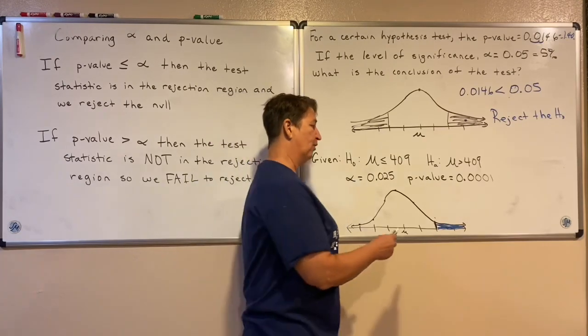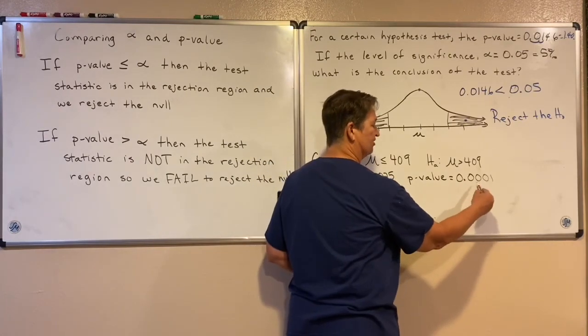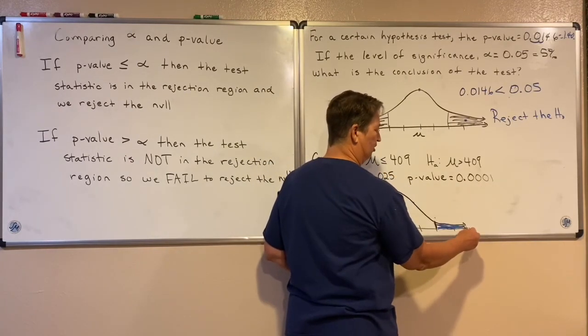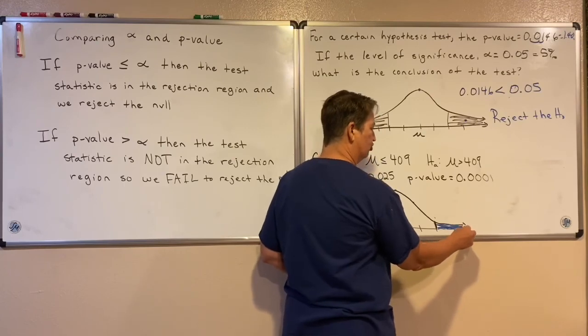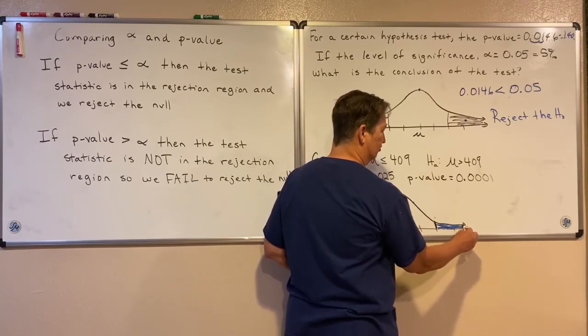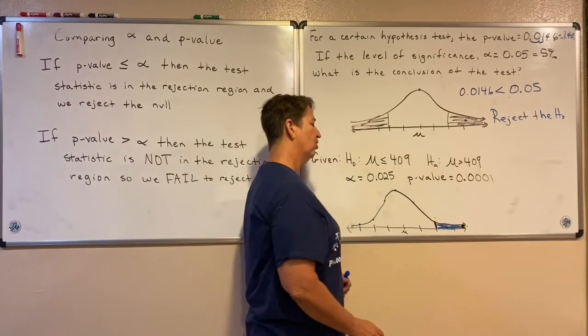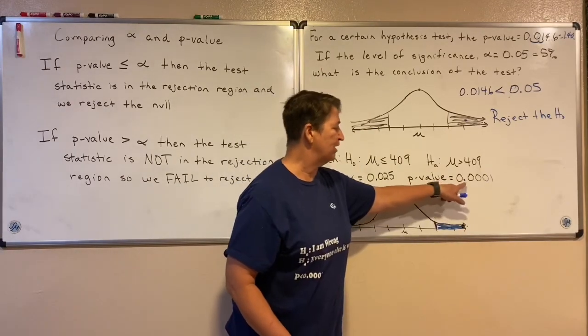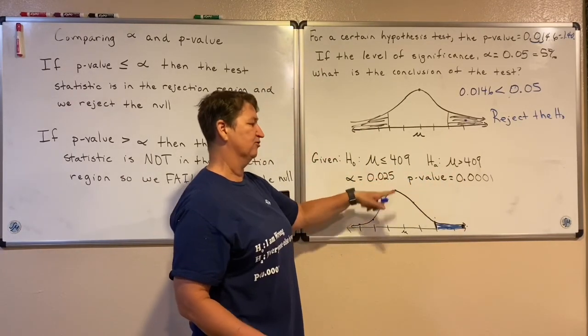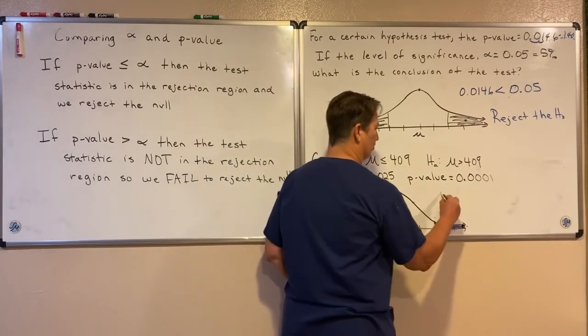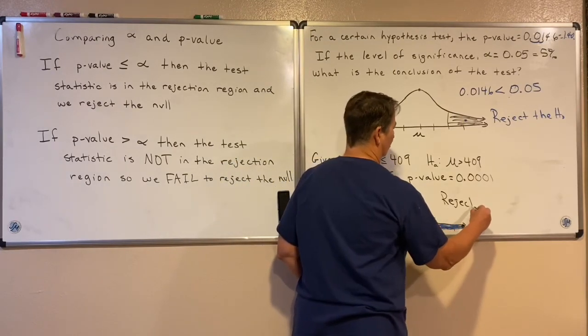So that would be a lot of evidence towards it, to have a small p-value. The smaller the p-value, the more unusual the activity. So this p-value falls way in there. Or you could look at it and say, this p-value is smaller than my level of significance, and so therefore we're going to reject the null.